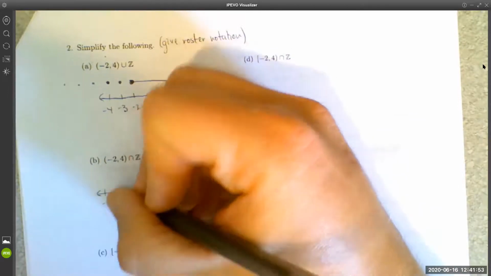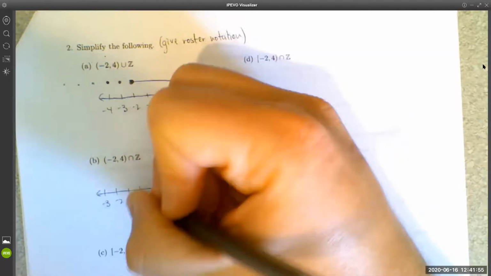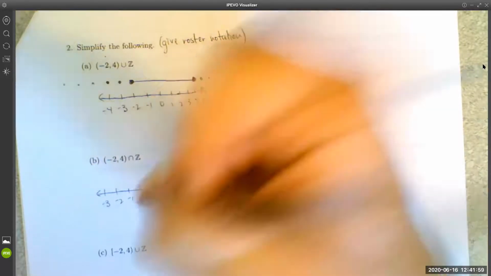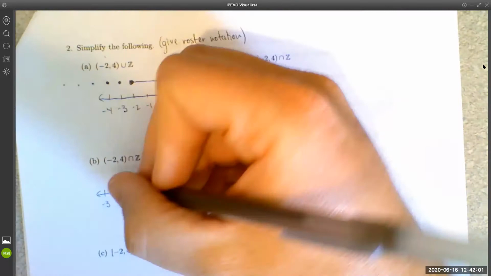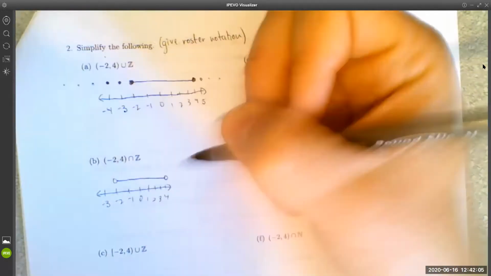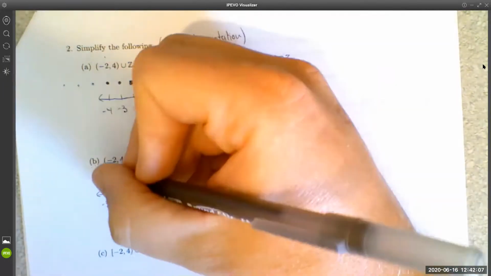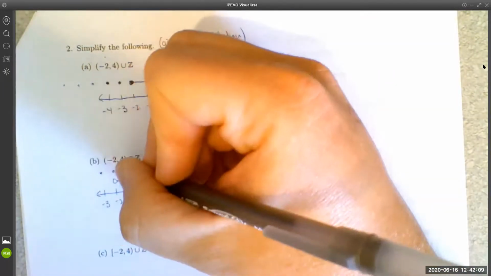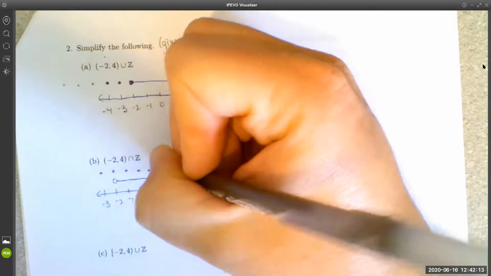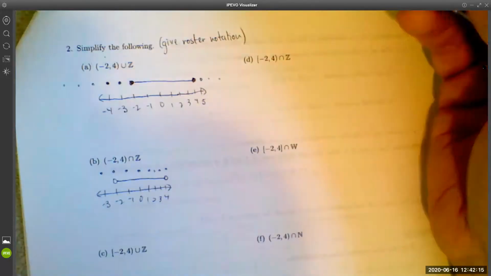Negative 3, negative 2, negative 1, 0, 1, 2, 3, 4. Okay, so on the one hand, the interval goes from here to here. And then on the other hand, we have the integers, right? And we're looking for where these two sets overlap.